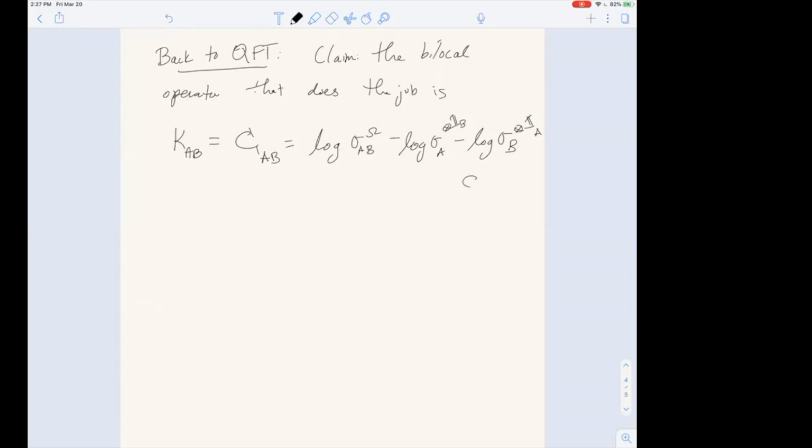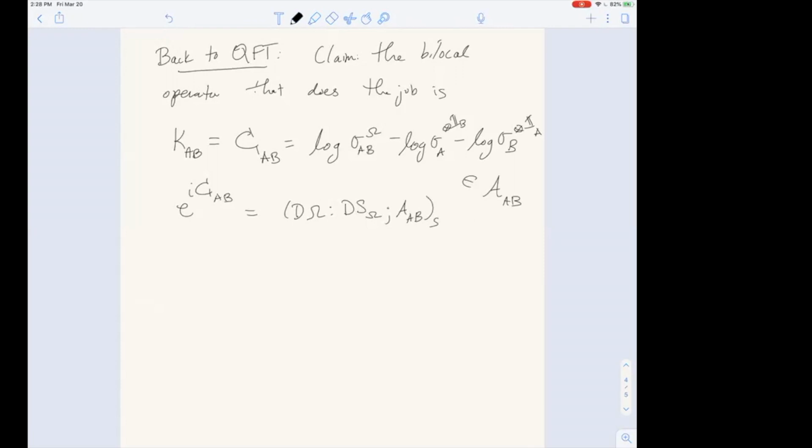So note that this is an operator in the algebra of operators on AB, right? So this does the job. And the thing I'm going to consider is the unitary that's generated by C_AB. For people who are algebraic quantum field theory enthusiasts, this is what is called the Connes cocycle between the vacuum and what's called a split vacuum on A and B. I'm not going to say anything more about that.